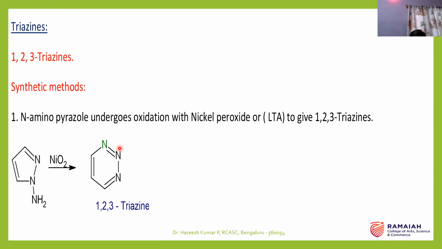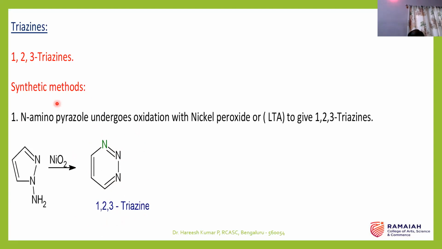Of course, it is also possible to have nitrogens at 1, 2, 4, and it is also possible to have triazines at 1, 2, 4, 5. Anyway, at a later stage we will discuss other triazines, but now let's look at the 1, 2, 3 triazines. This is the one with continuous nitrogens present in a six-membered ring.